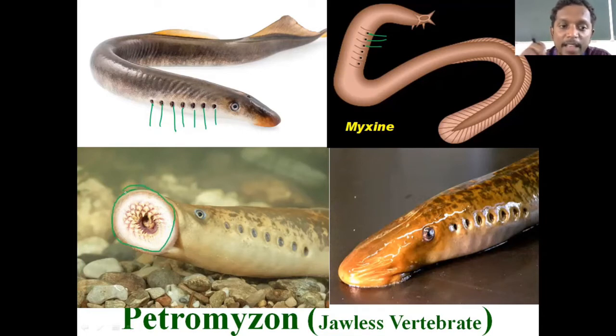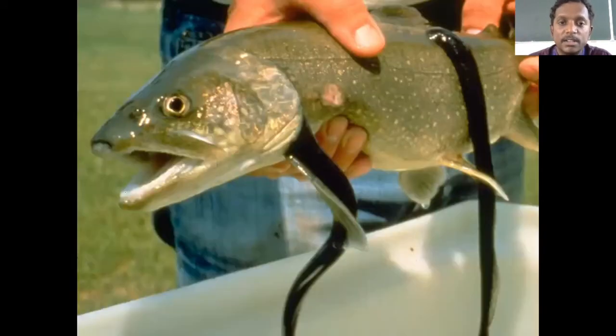And it has some hook-like structures which can stick onto the host and absorb the nourishment. You see this image. This is a host fish. On that you can see the black, thick hair-like structures, which are these cyclostomes. They are sticking onto the host and absorbing the nourishment from the other organism. That's why the sucker is helpful for them to stick onto the host.